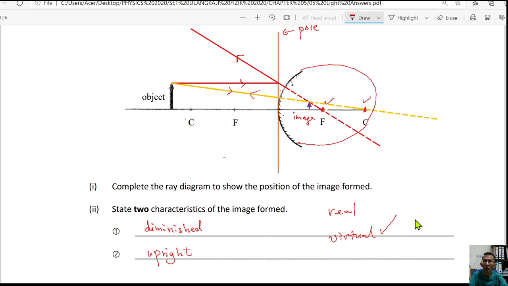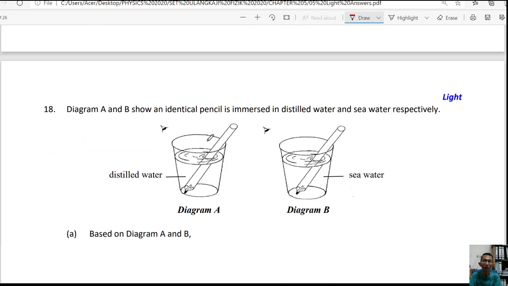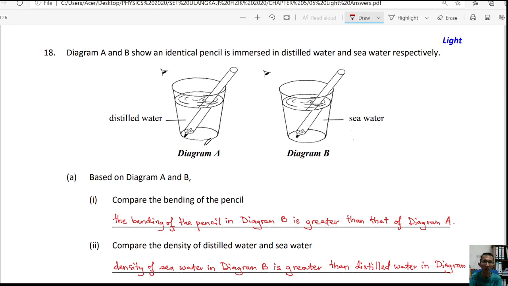But if we have a lens, and my image is here and my object is on the other side, for a lens this image is real. But for mirrors, the image is virtual. Remember I keep repeating that when it comes to real and virtual, mirrors and lenses contradict each other. All right, we continue with question number 18.